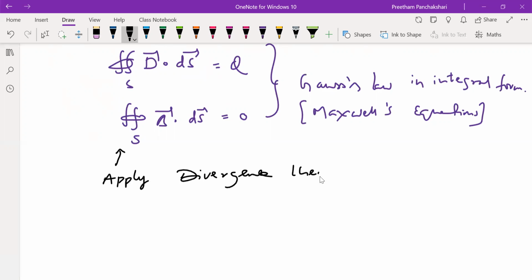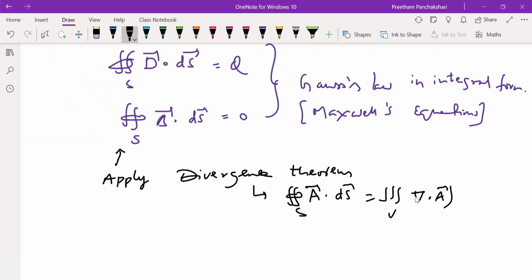The divergence theorem is the relation between closed surface integration and volume integration. The divergence theorem, which we already discussed, says the closed surface integration of any vector is equal to the volume integration of the divergence of the same vector.